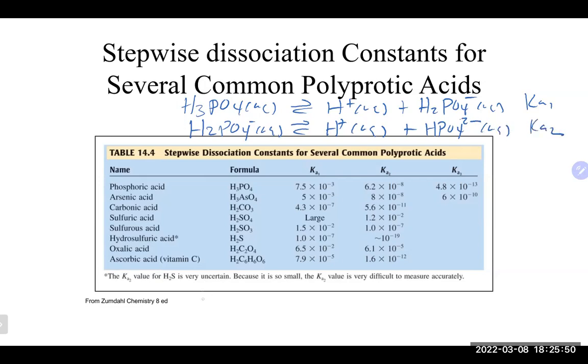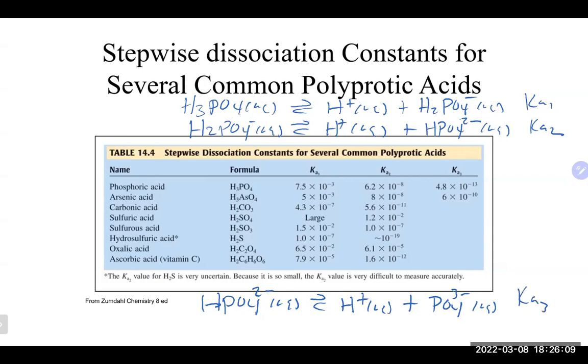And lastly, our HPO4 2 minus will dump the last H+ off and make our phosphate, which will be Ka3 in this case.